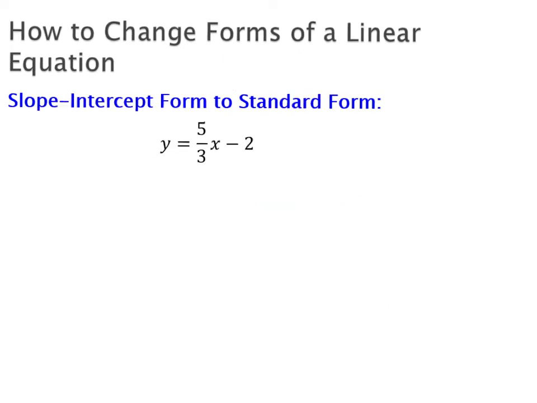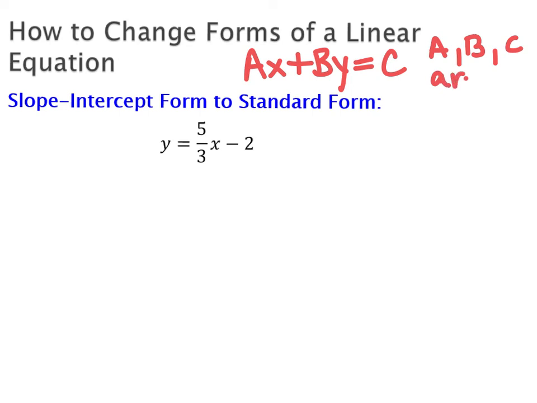In the next example, we're given an equation in slope-intercept form, and we want to change it into standard form, which is ax plus by equals c, and a, b, and c are integers, meaning that there should be no fractions.